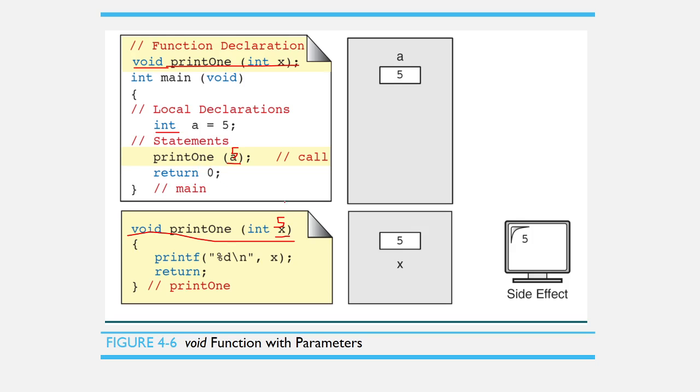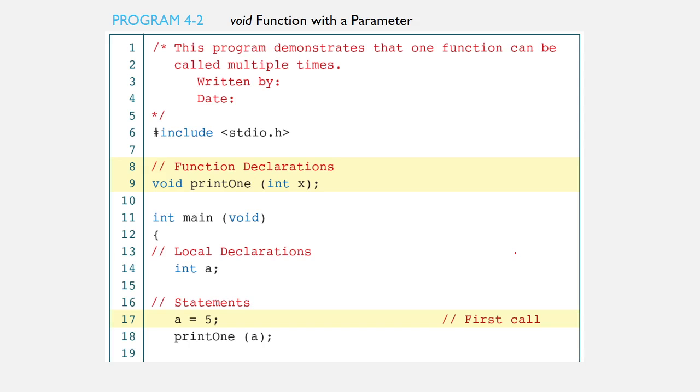That is why 5 is printed on the screen. Now, this program shows a void function with a parameter, which demonstrates that one function can be called multiple times.